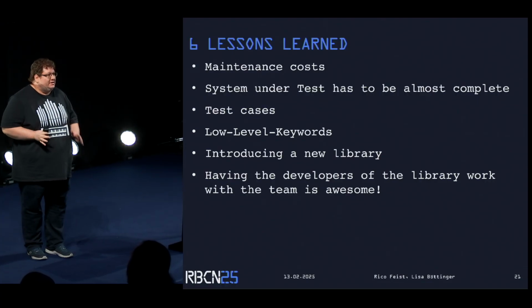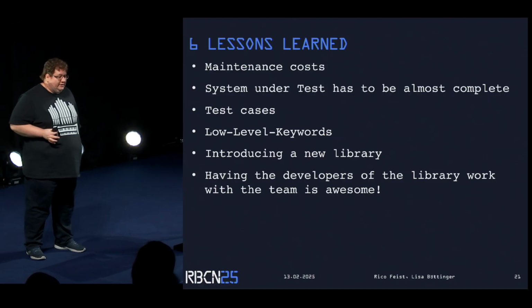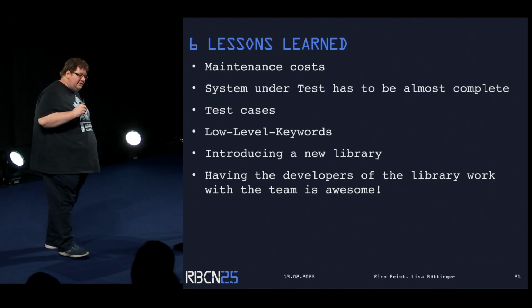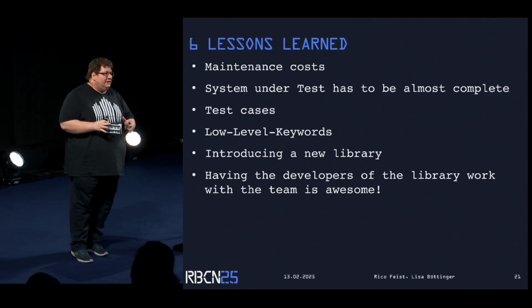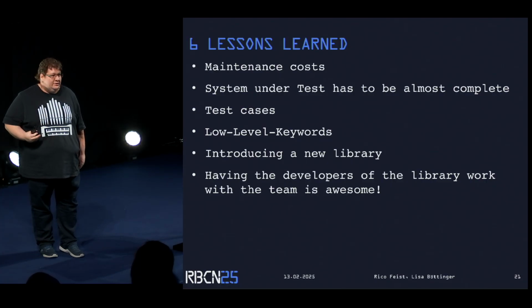First point here is the maintenance costs. As I already mentioned, image-based test automation needs a lot of maintenance, and the maintenance costs were much higher than we expected. What also plays into this is that if you use image-based test automation, your system under test has to be almost complete.